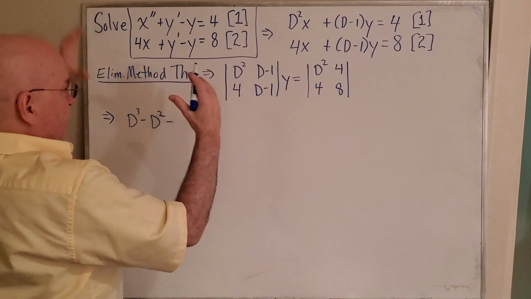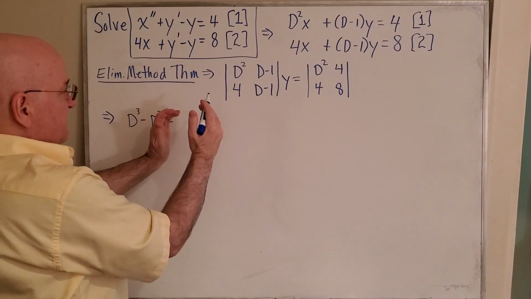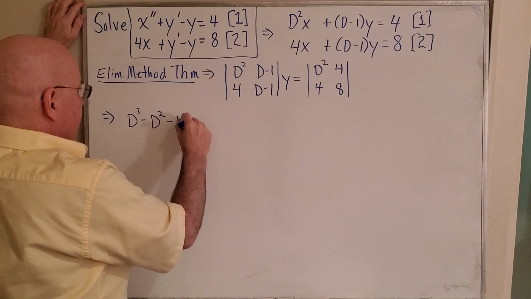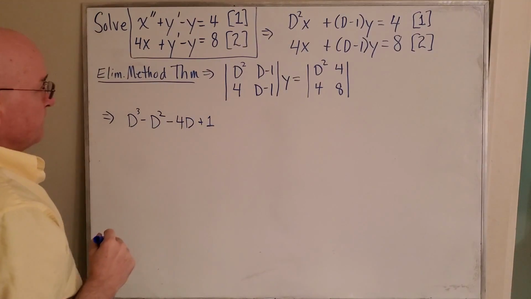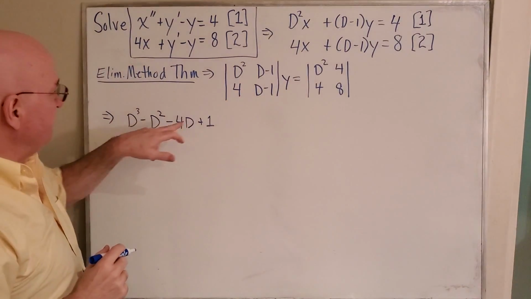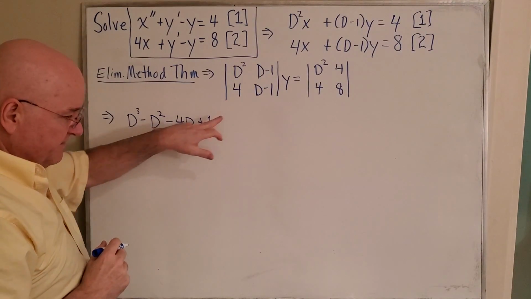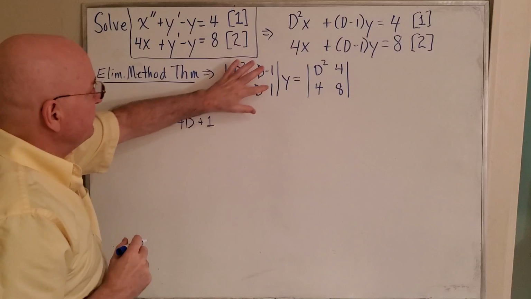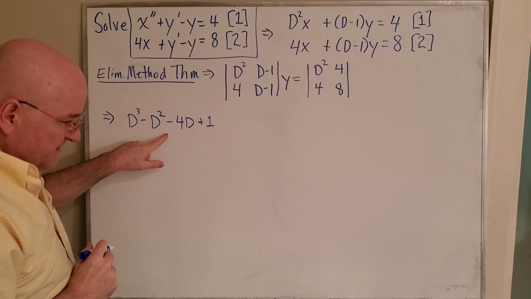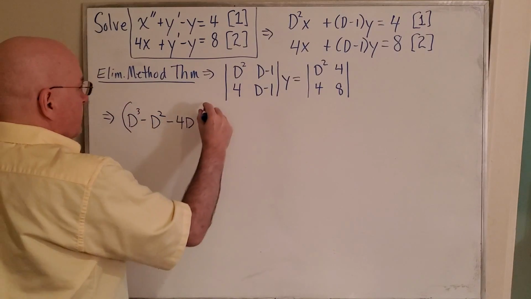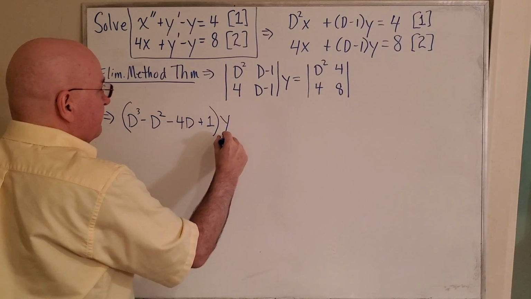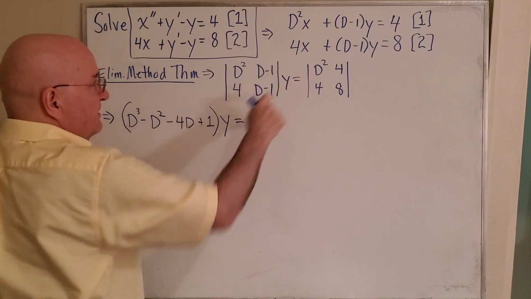So that would be 4d minus 1 in parentheses would be 4d minus 4d plus 1. So double check that this determinant is equal to this. Okay, so this applied to y is equal to the determinant of this.